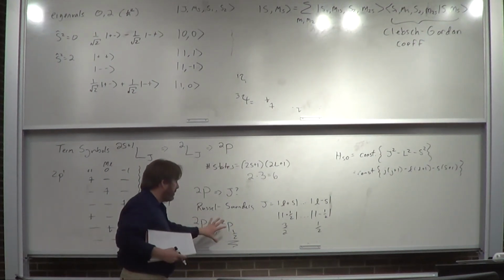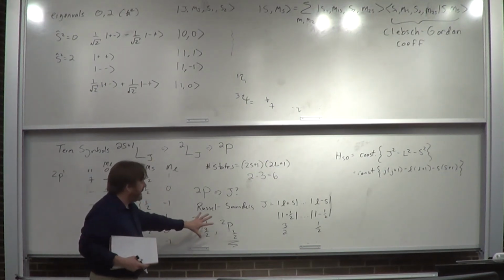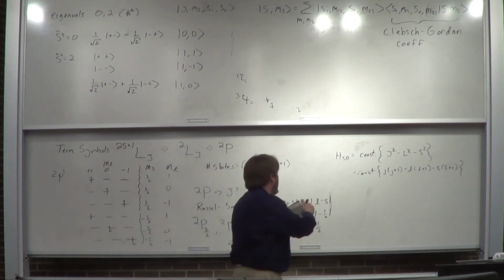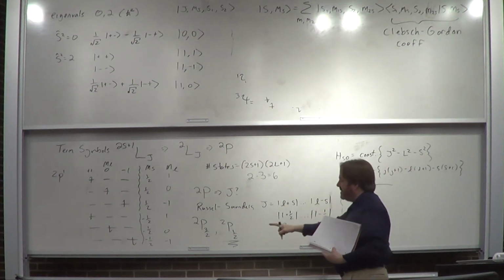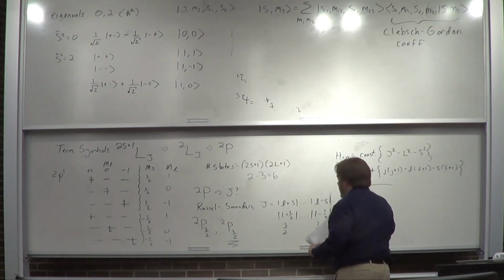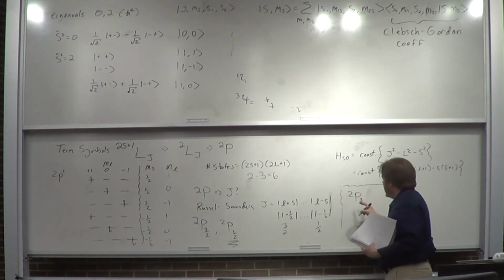Now the last bit I want to point out to you is that there's 6 states here, so there better be 6 states here as well. Now how does that work? As I mentioned, this is J, and there's some M sub J values. You don't have to do any more work to figure out what those are.